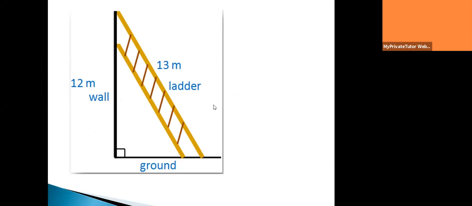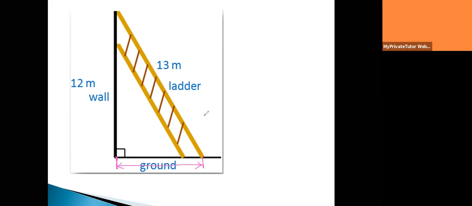So the question is a word problem. The length of the wall is given, the ladder length is given. We need to find the distance between the wall and the ladder. I hope you guys understand this. It forms a right angle triangle.